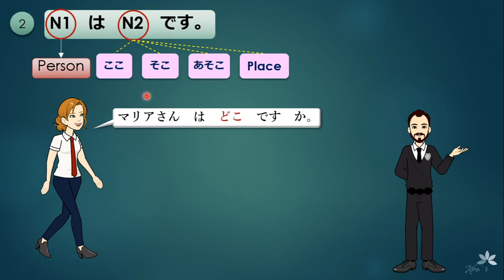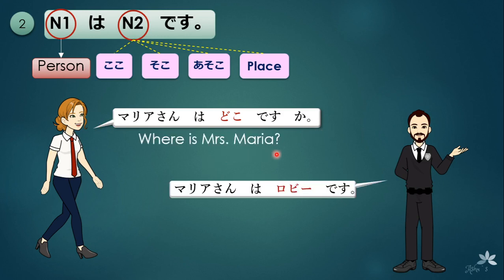She asks, Maria-san wa doko desu ka? Where is Mrs. Maria? He says, Maria-san wa robii desu. Now, in place of N2, robii is written.